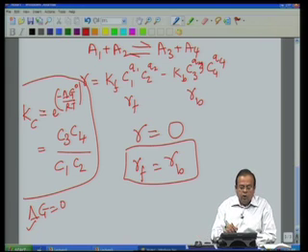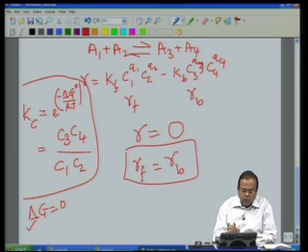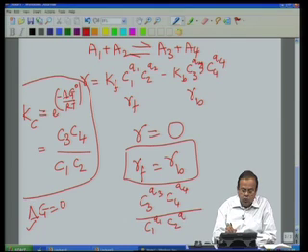Okay. So, if you have the rate of forward reaction the same as the rate of reverse reaction, then we get the following: C3 raised to Q3, C4 raised to Q4 divided by C1 raised to Q1, C2 raised to Q2, because this particular rate is equal to this particular rate. What is this equal to?